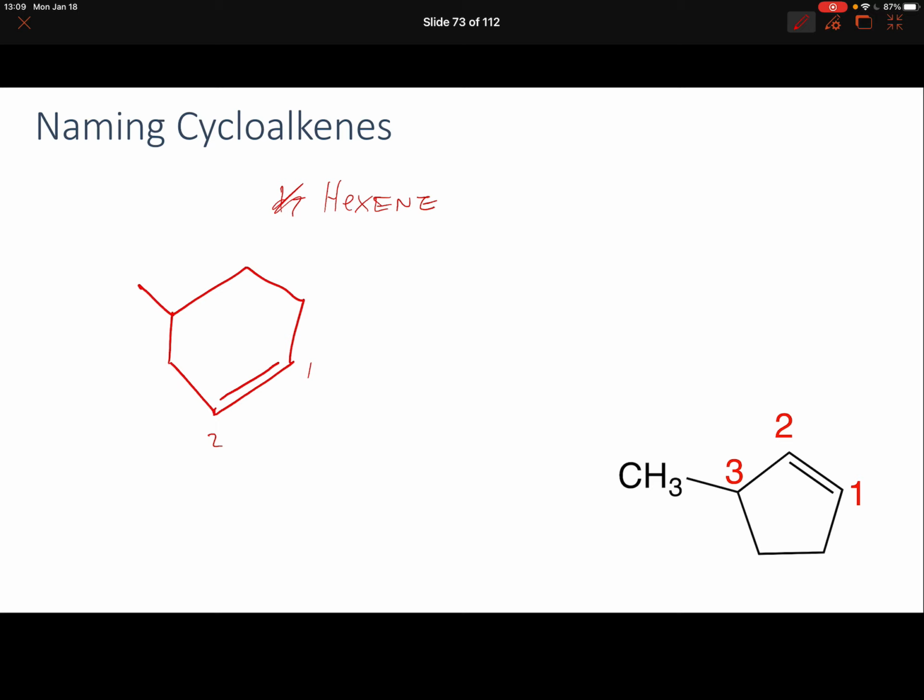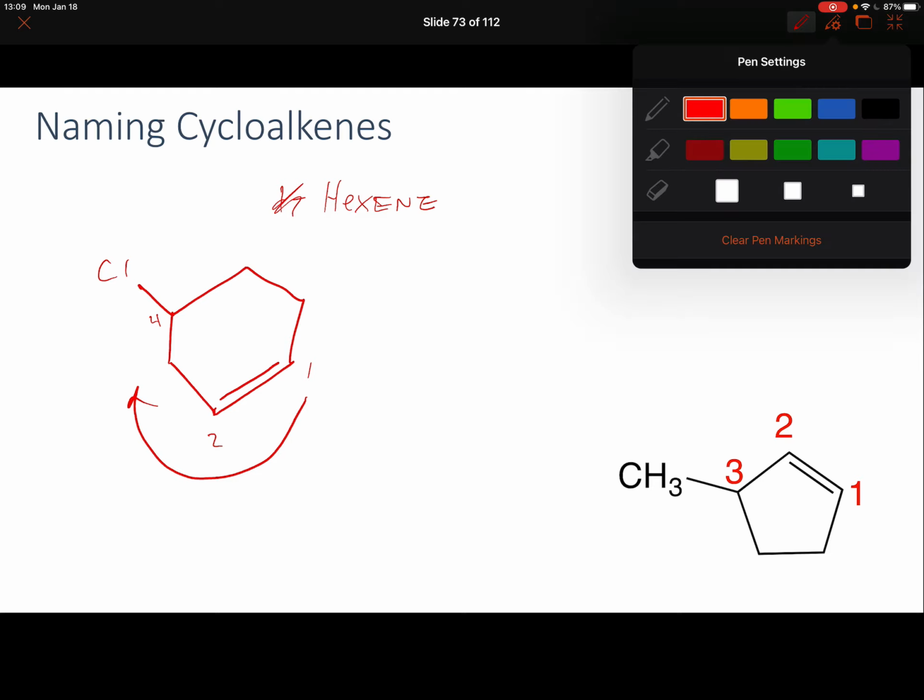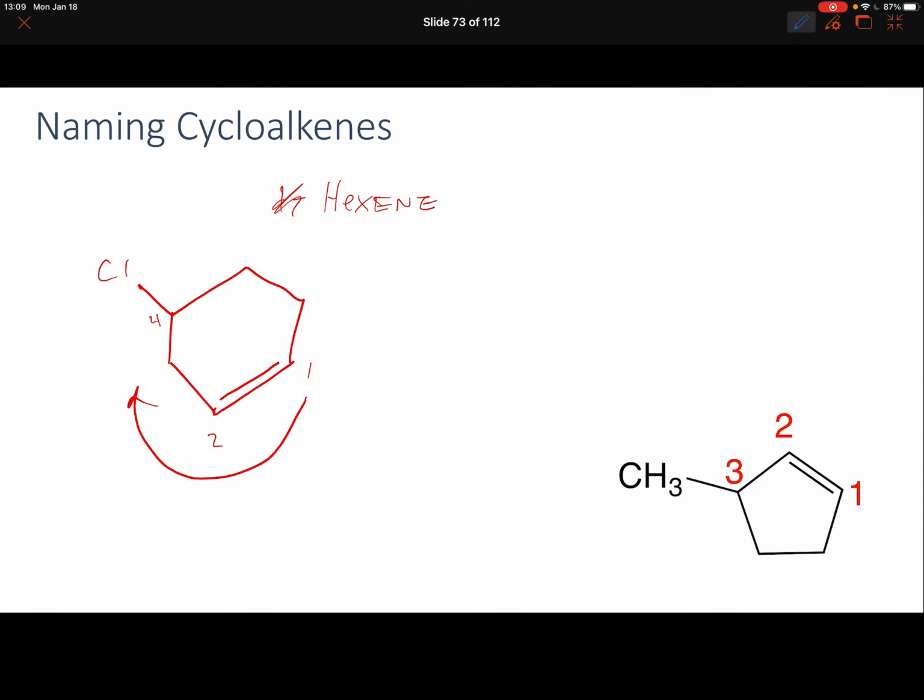So if there is a Cl on here, well, then we do want to number in a way that's going to give that Cl the lower number. If I number this way, 1, 2, 3, 4, Cl is number 4. But if I number this direction, 1, 2, 3, 4, 5, then my Cl would be number 5, and we want the lowest number.